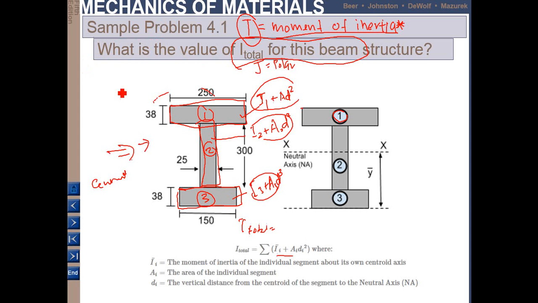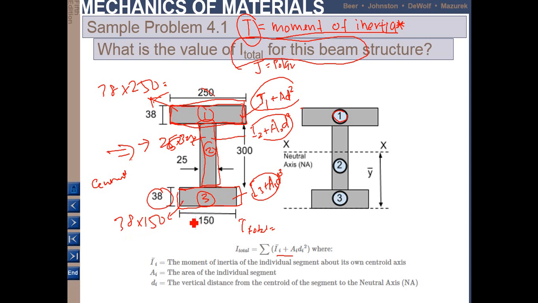For the first part, the area is 38 times 250, for the second 25 times 300, and for the third 38 times 150.